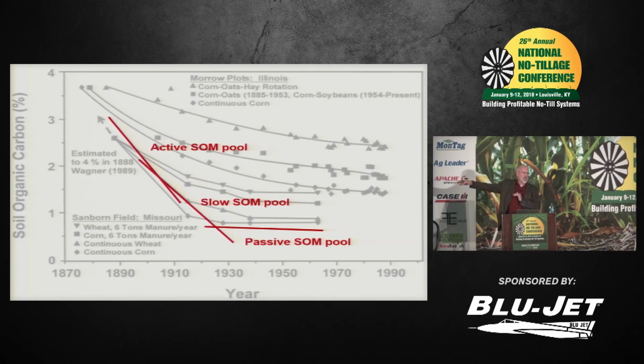So you can see why I say it's conceptual. Based upon what we know happens, has been shown regardless of where you are in the world, this is what happens with cultivation. We have our active pool, and we can figure that mathematically. We have our slow pool, and we have our passive pool.